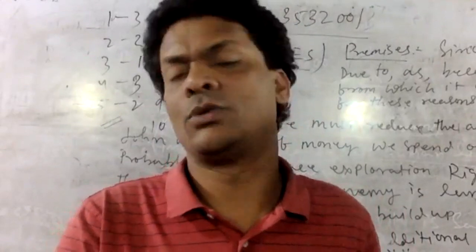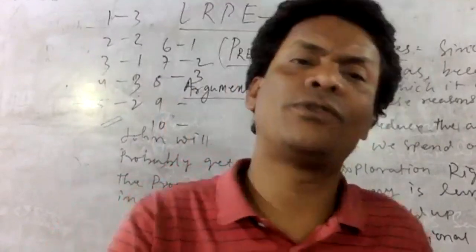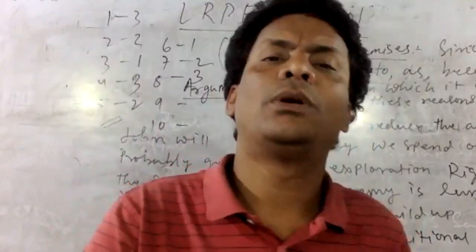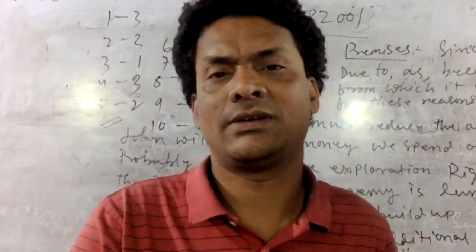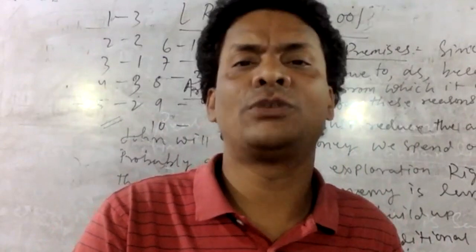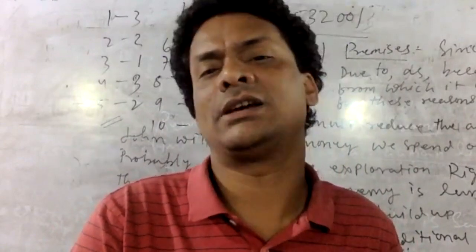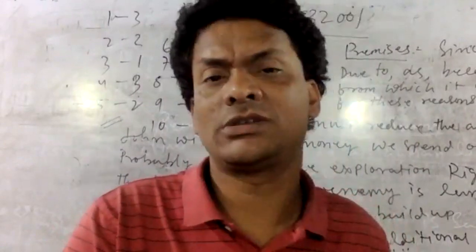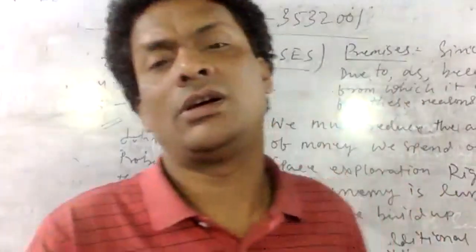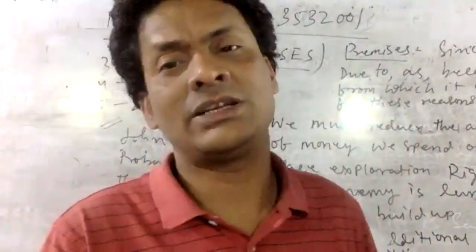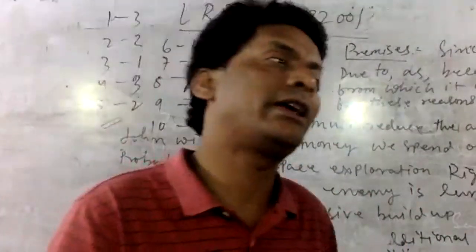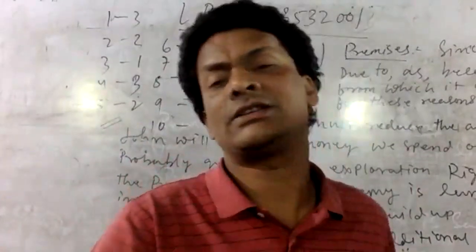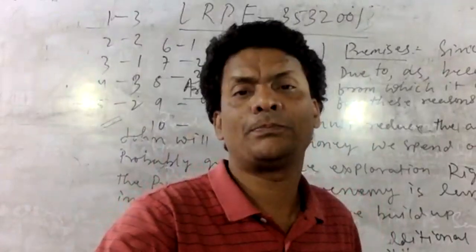So what are the things you have read so far? We talked about minerals, then the occurrence of minerals, the occurrence of metals, and the classification of minerals like ferrous, non-ferrous, non-metallic, and rock.